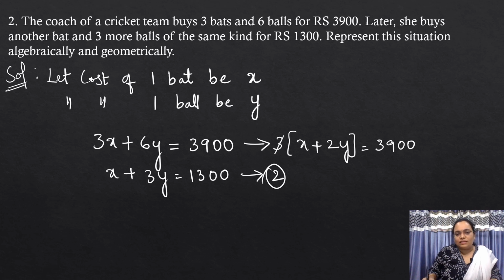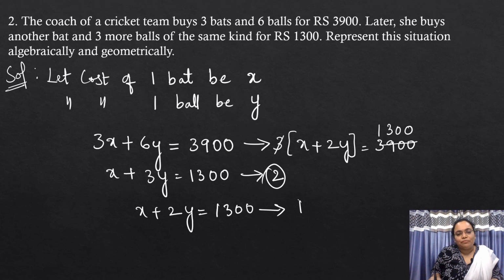So, 3 ones are 3, 3 3s are 9. So, what will be the first equation? x plus 2y is equal to 1,300 is the first equation and x plus 3y is equal to 1,300 is the second equation. Okay. So, we have represented the word problem algebraically.